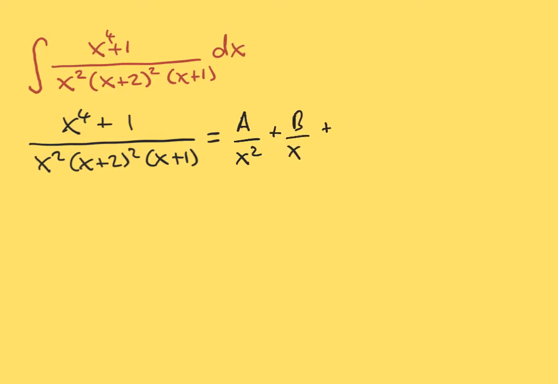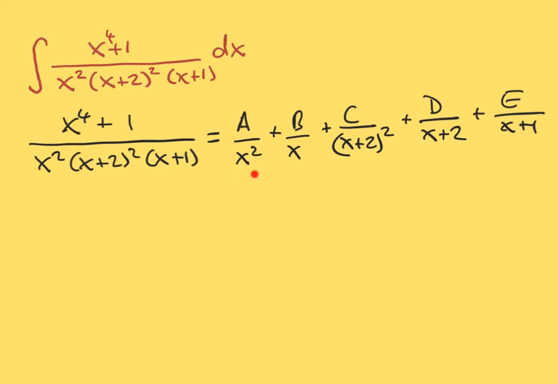So this is going to be of the form a over x squared plus b over x plus c over x plus 2 squared plus d over x plus 2 plus e over x plus 1. So in other words, what we do is we say, well, this has to be at least x squared here. So a is not going to be 0 to give us this term.